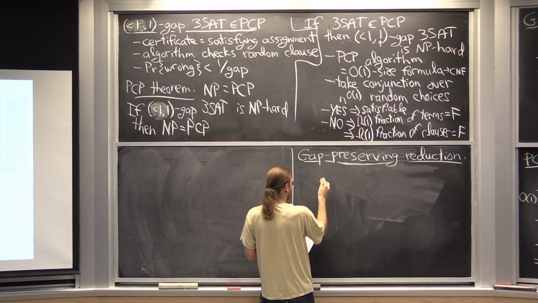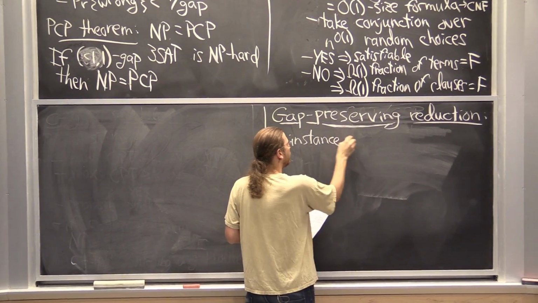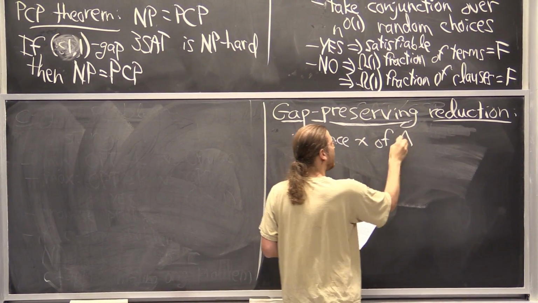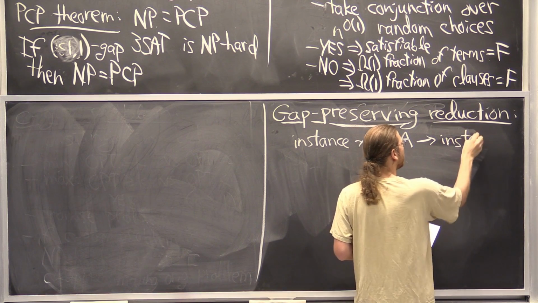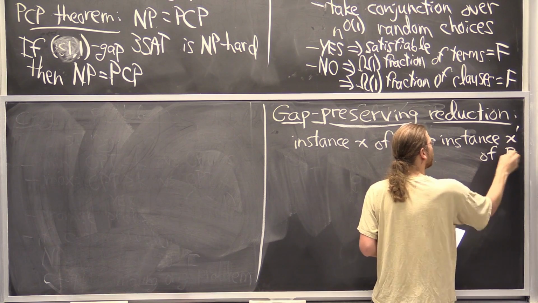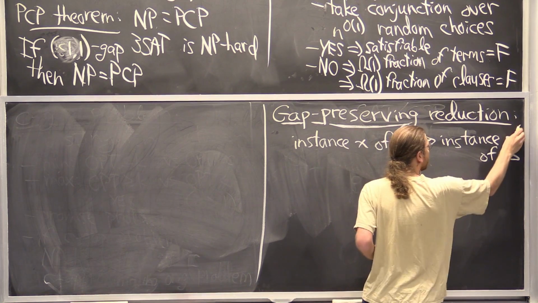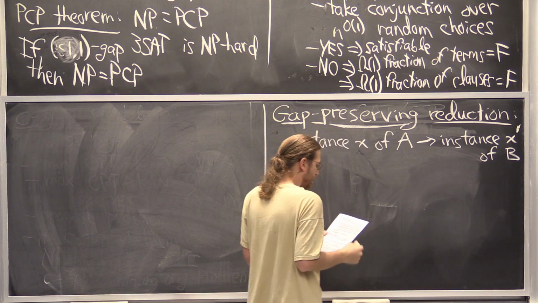Let's say we have an instance x of A. We convert that into an instance x prime of some problem B. We're just going to think about the opt of x versus the opt of x prime.